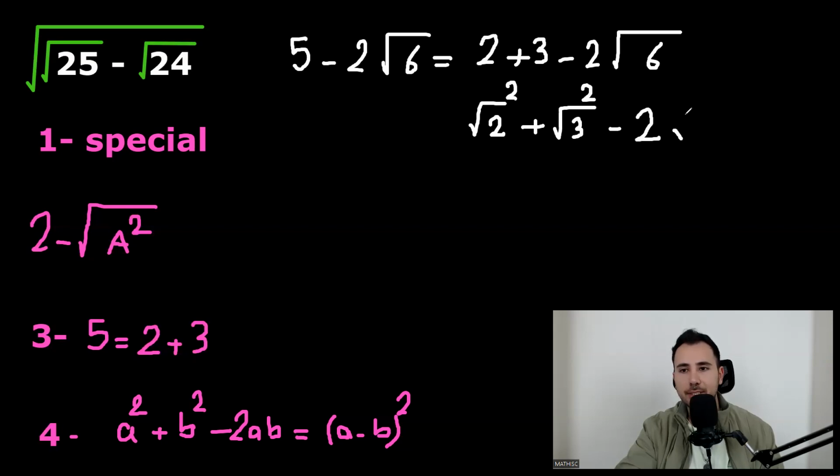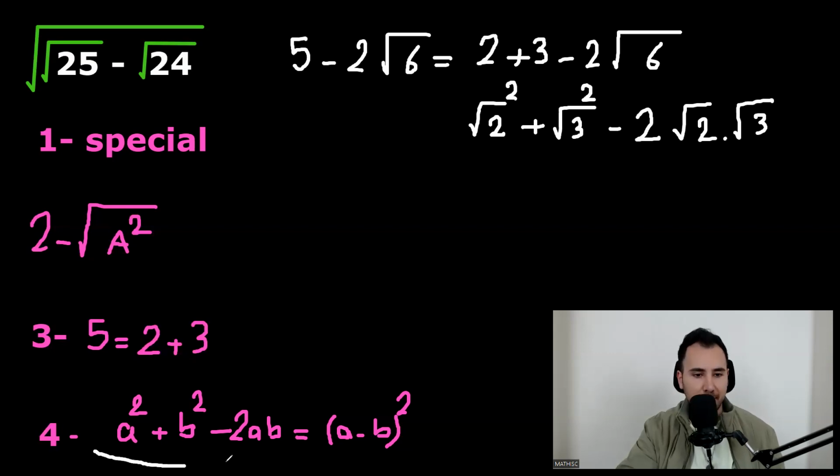We know that it's square root of 2 multiplied by square root of 3. Okay, so we got our formula here, right? It's exactly this, a being square root of 2, b being square root of 3.